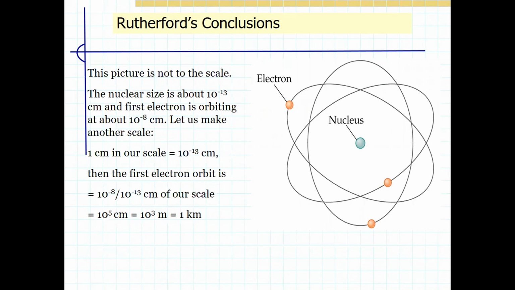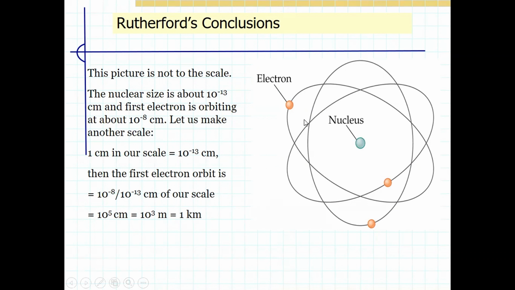The picture is not to scale. As you can see, if I try to imagine, let me call 1 centimeter of our own scale equal to the size of the nucleus. This small size, which we now know, is about 10 to the power minus 13 centimeters, or 10 to the power minus 15 meters, a femtometer.